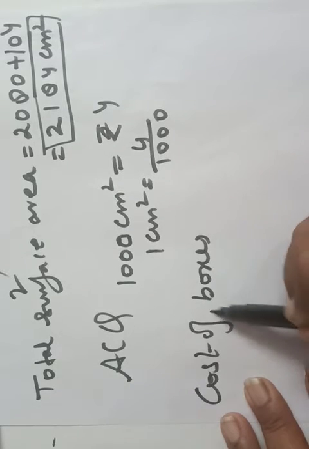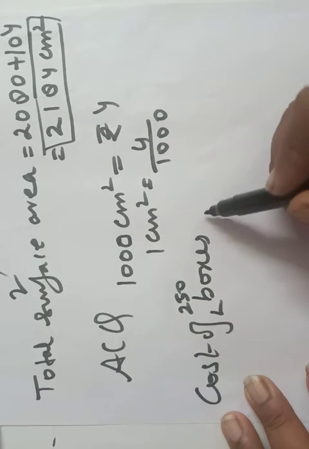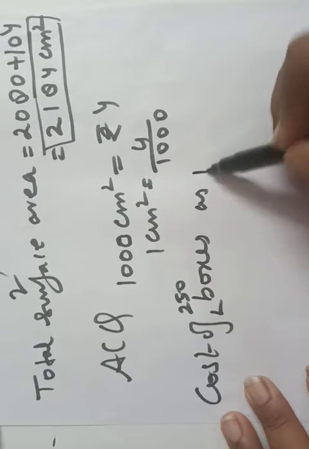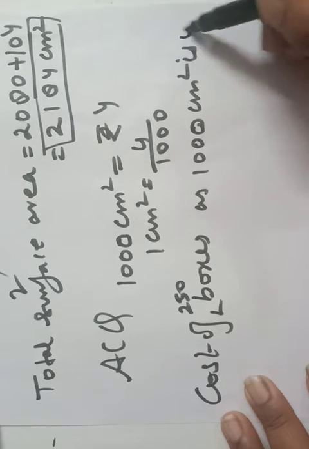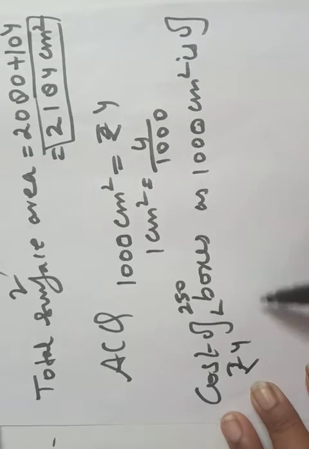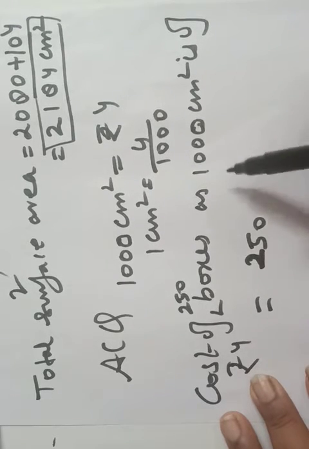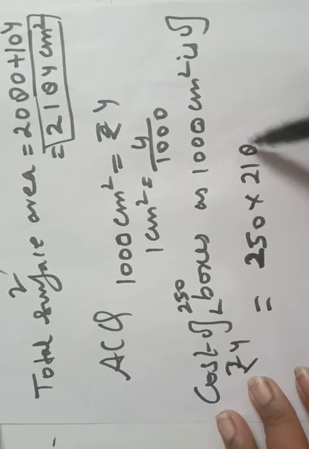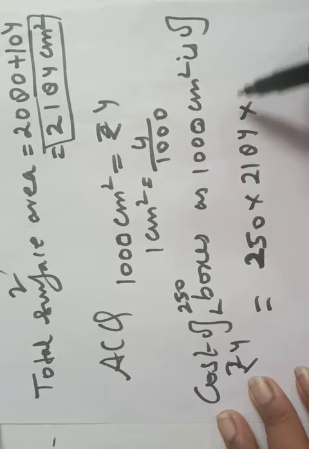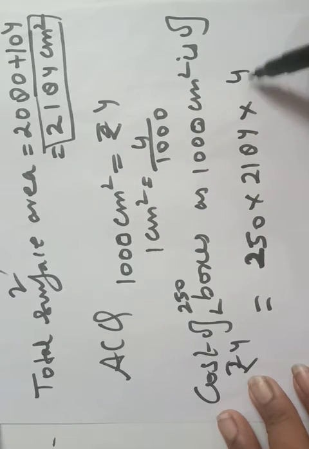So the cost of 250 boxes, as 1000 centimeter square is rupees 4, is equal to the total 250 times the total surface area of the smaller and the bigger one, that is 2184, and the cost per centimeter square, that is 4 upon 1000.